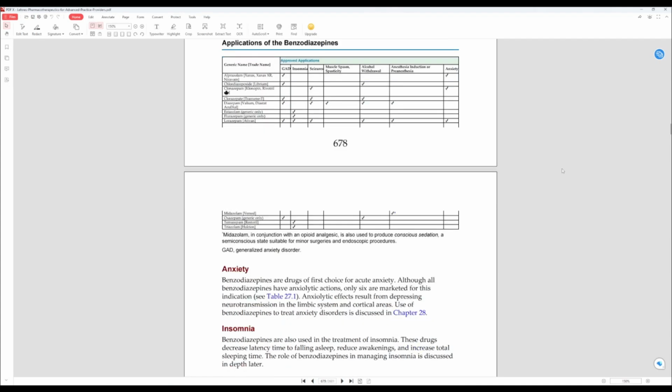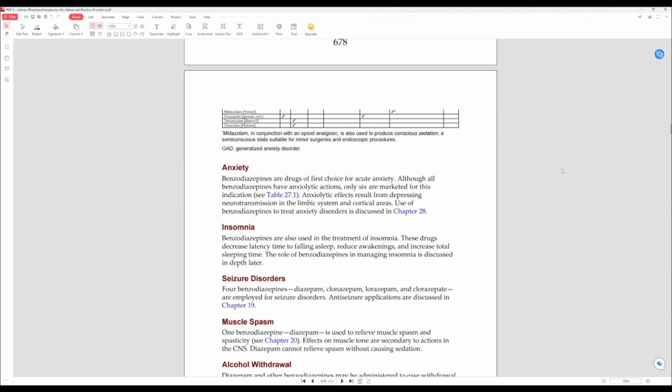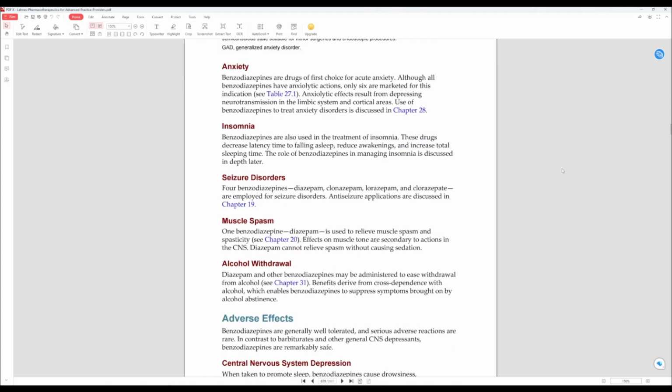So speaking on each application, anxiety. Benzodiazepines are drugs of first choice for acute anxiety. Although benzodiazepines have anxiolytic actions, only 6 are marketed for this indication. Anxiolytic effects result from depressing neurotransmission in the limbic system and cortical areas.